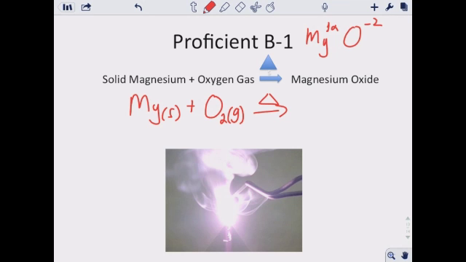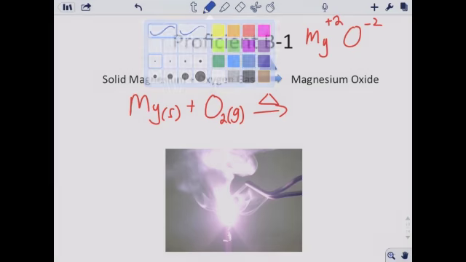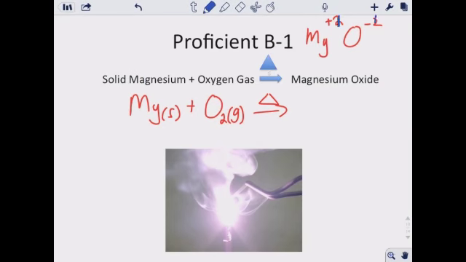Since their oxidation numbers are the same, that means we can go ahead and reduce them, and a 2 and a 2 reduces down to a 1 and a 1. And we crisscross those ones, and we get our formula of MgO. And so that would be our chemical equation.